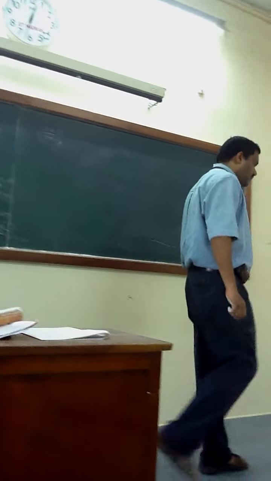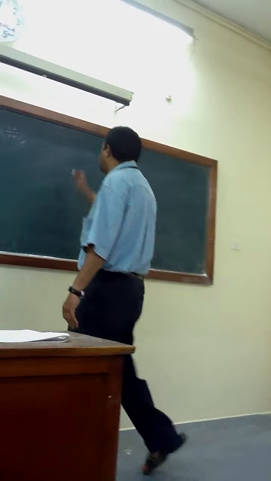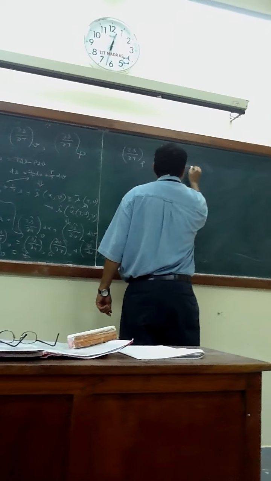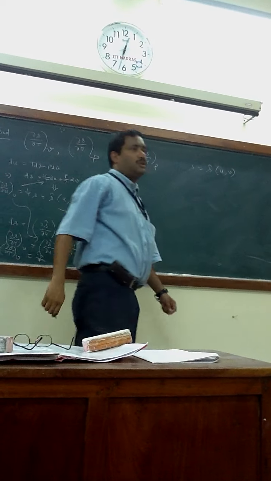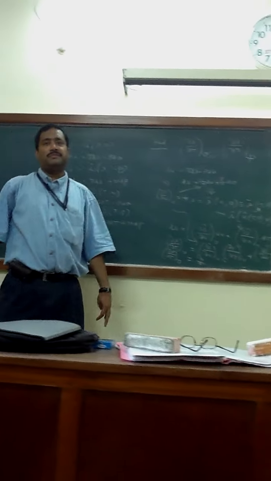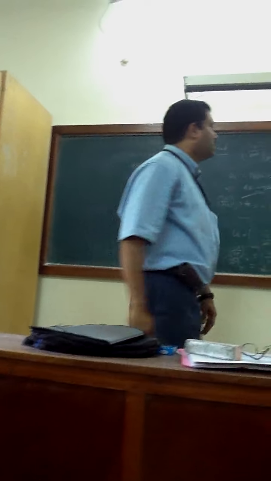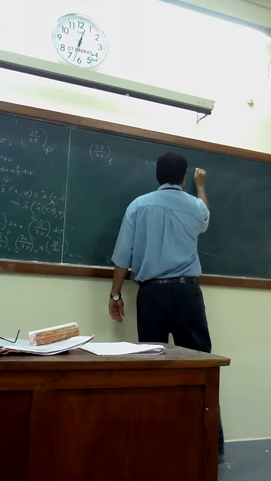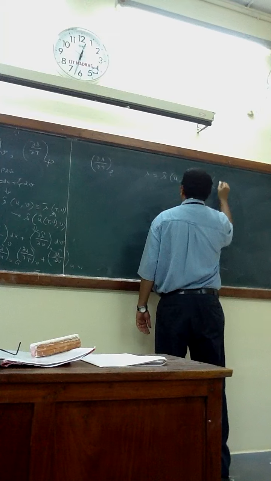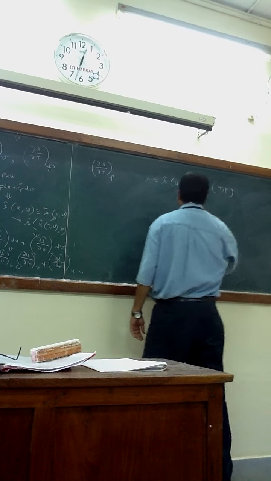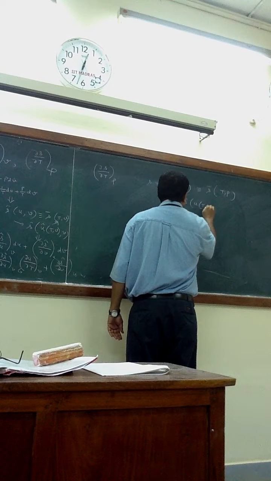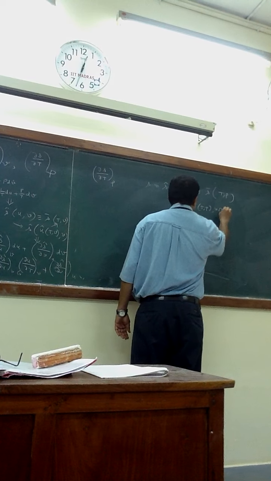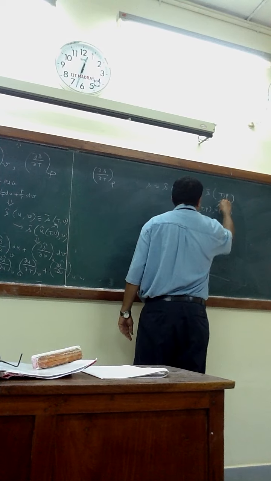If I am in your position, you will say, sir, S equals S at U, V. Will that be applicable? Because your final objective function is S as a function of T, P. That means you have to write this as U, T, P, V, T, P, and then go back.